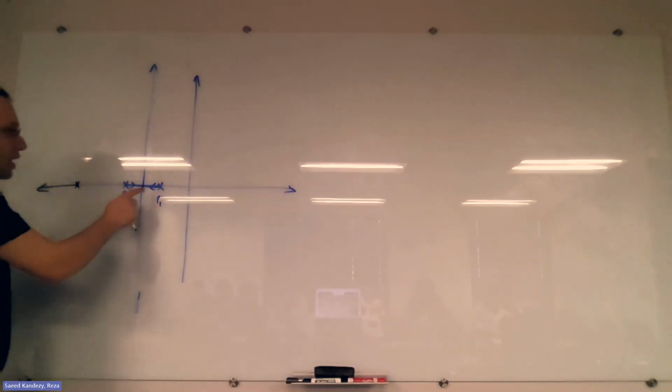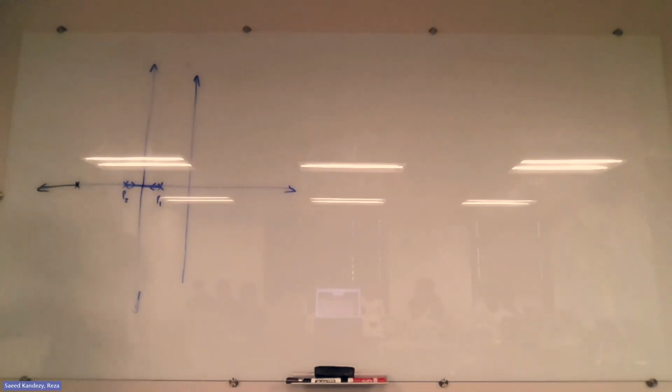But that's not all. Because we now have three poles, the theta of the asymptote line is changing. Before it was pi over 2 or minus pi over 2, now it's pi over 3. Very good.